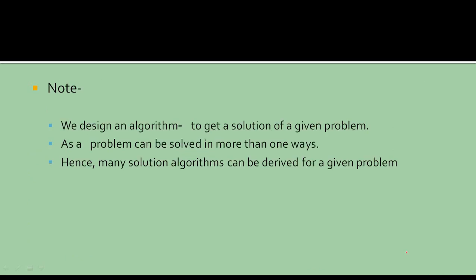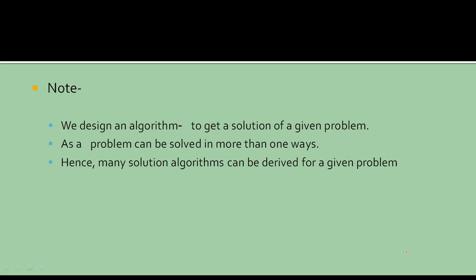Now note that an algorithm is designed to solve a problem, but in real life a particular problem can be solved by many solutions. That means a particular problem can have many kinds of algorithms.